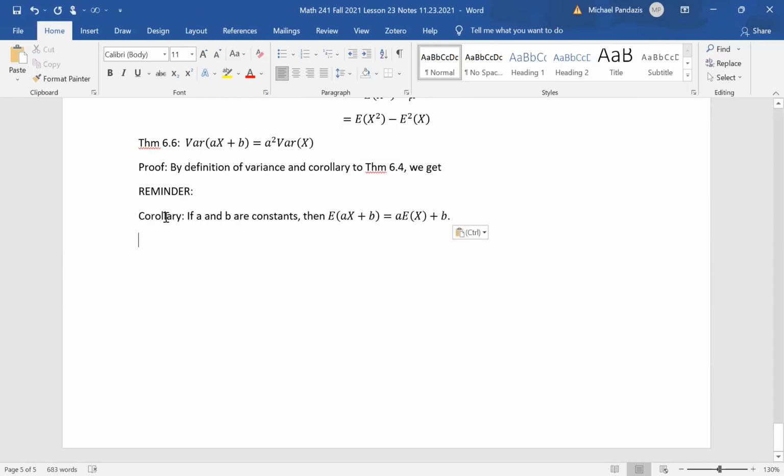Okay, so that was corollary to theorem 6.4. And we have the definition of variance.